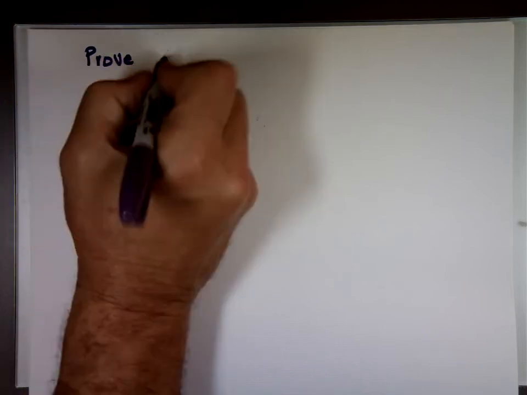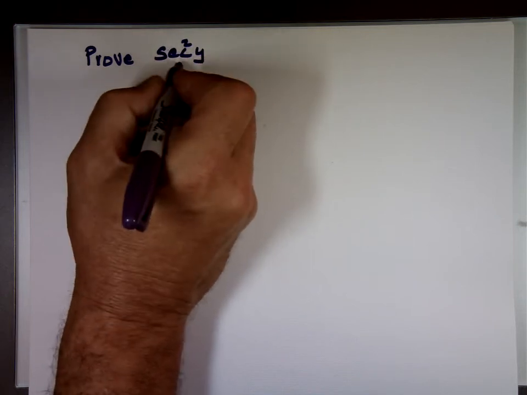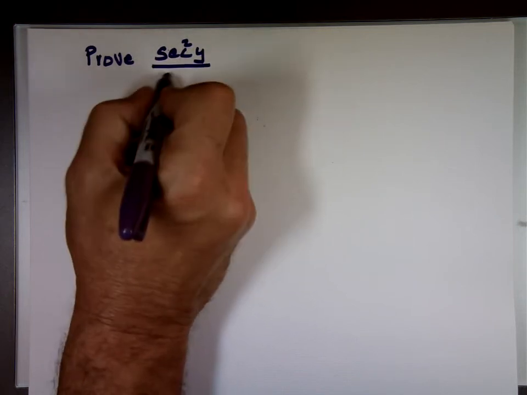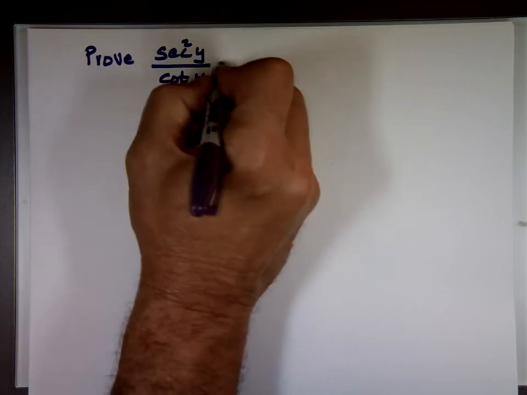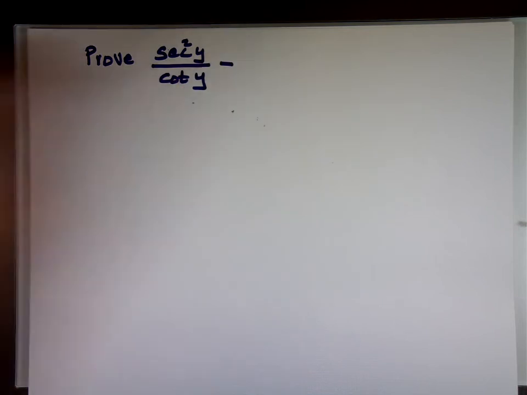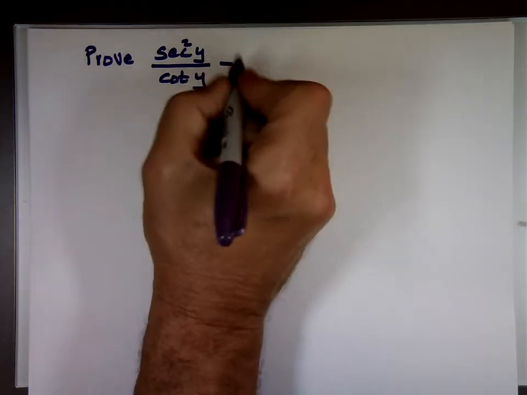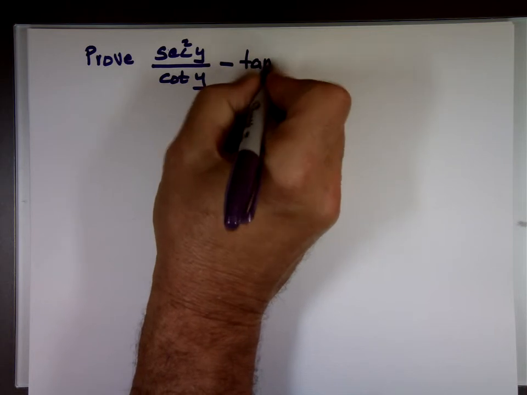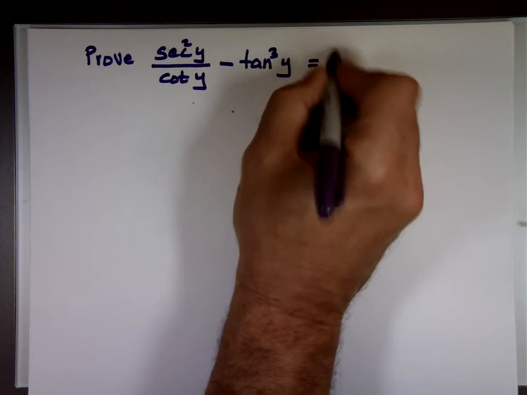Prove that secant squared y over cotangent y minus tangent cube... oh boy.